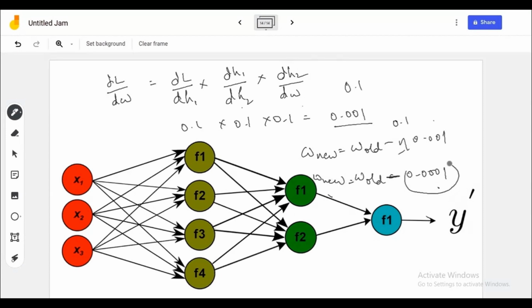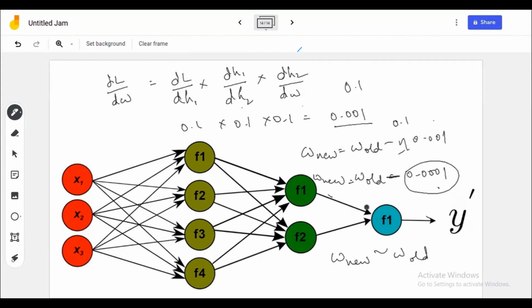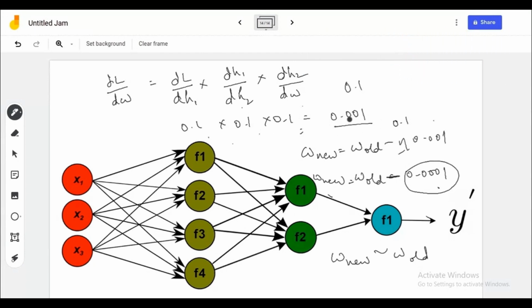This number is such a small value that our new weight will be quite similar to the old weight, so it has not been updated a lot. That means the gradients that we are calculating are so small that on multiplying one with the other, the actual value is vanishing and we are left with nothing.